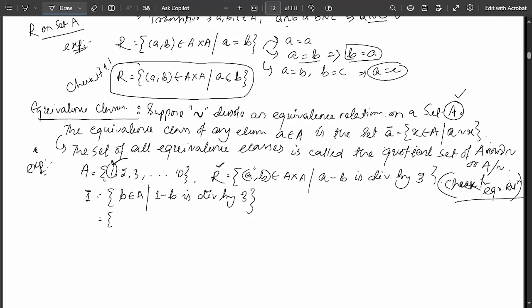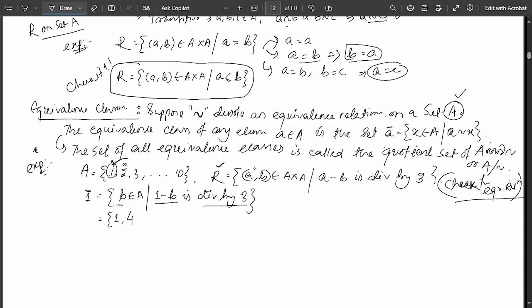The collection of all b in the equivalence class of 1 is where the difference of 1 and b should be divisible by 3. 1 minus 1 is 0, divisible by 3, so 1 is in. 2 minus 1 is 1, not divisible by 3, so 2 is not in the equivalence class. 3 minus 1 is 2, also not divisible. 4 minus 1 is 3, divisible by 3, so 4 is in.